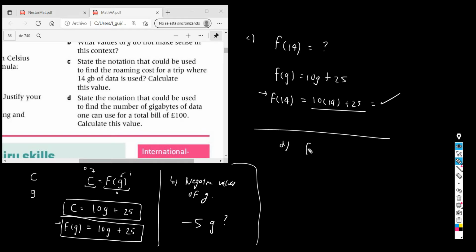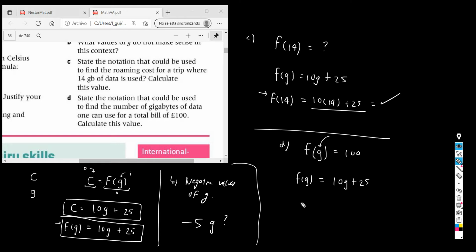Now we know that if we use a certain number of gigabytes of data, we're going to be charged 100 pounds, right? So basically, this is asking to find the number of gigabytes of data so that your bill comes to 100 pounds. Write down your function and make the substitution.